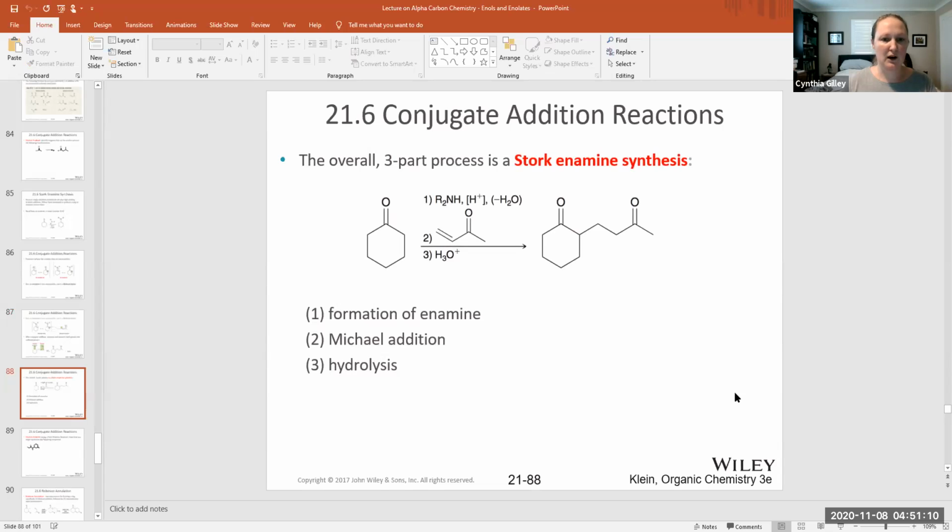Overall, the Stork enamine synthesis is a three-part process. We start with an aldehyde or ketone, form an enamine, and then treat the enamine with an appropriate Michael acceptor, followed by an acidic hydrolysis, and we'll get a 1,5-dicarbonyl product.